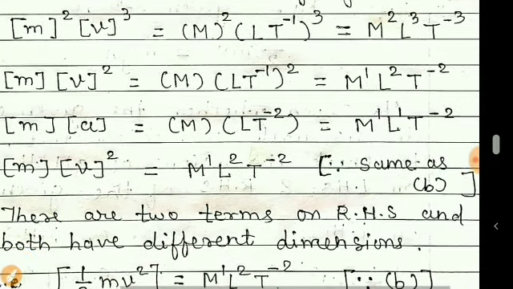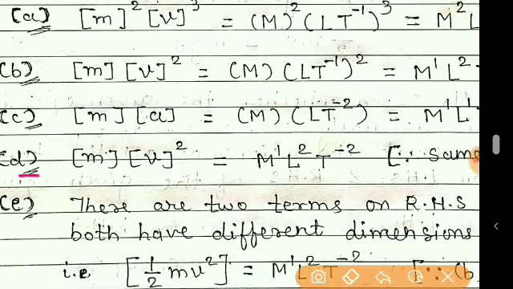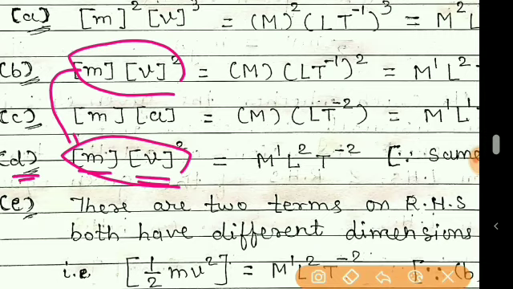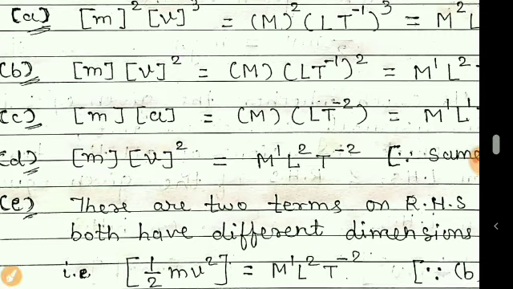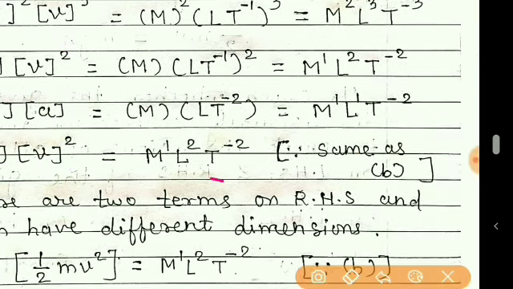Then equation number D, mv square, you can say that it is the same as this, so the dimension will also be the same, so I have written it directly here.